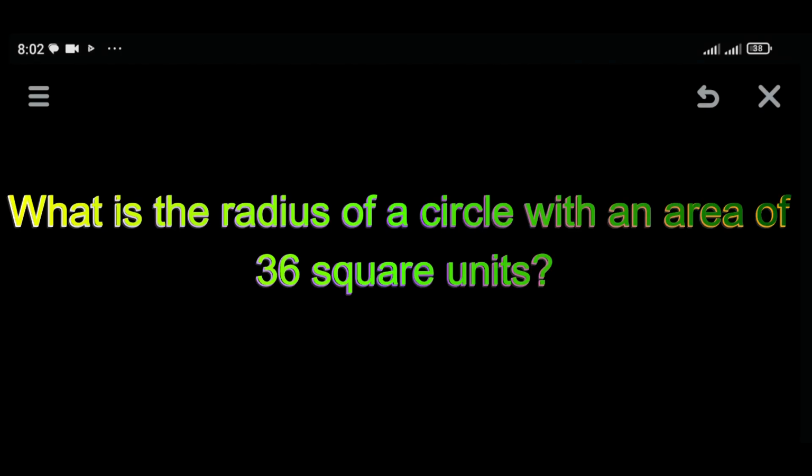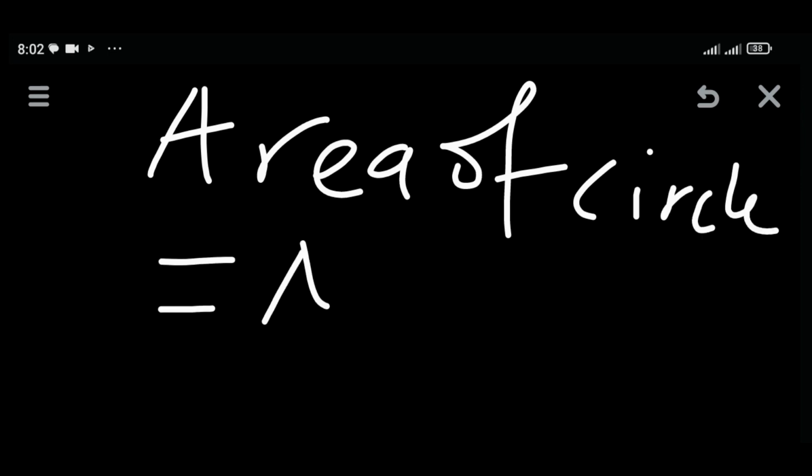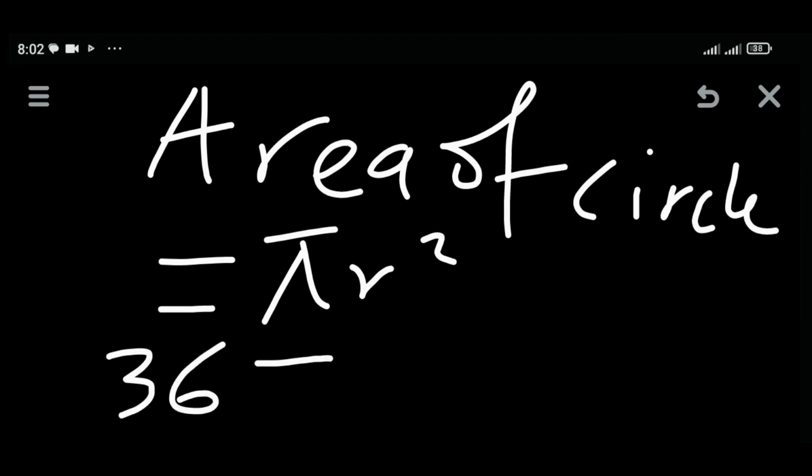The third question says, what is the radius of a circle with an area of 36 square meters? So given the area of a circle to be equal to pi r squared, but the area A is given as 36 square meters, which is equal to pi r squared.